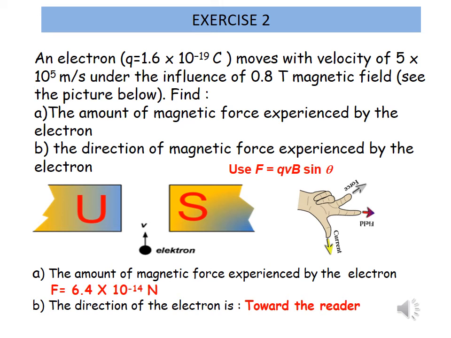Because you have an electron with negative charge, you just need to reverse the direction of the current. So if the direction of the current is up, you have to reverse it to down, because instead of dealing with a positive charge, now you have a negative charge. If you do that, the direction of the force on the electron is toward the reader.